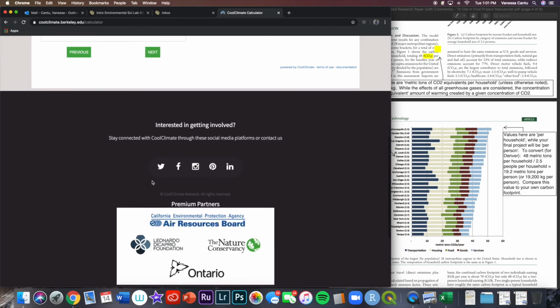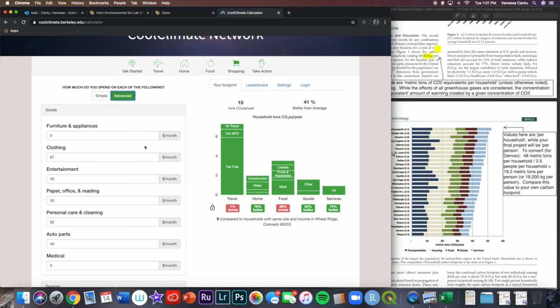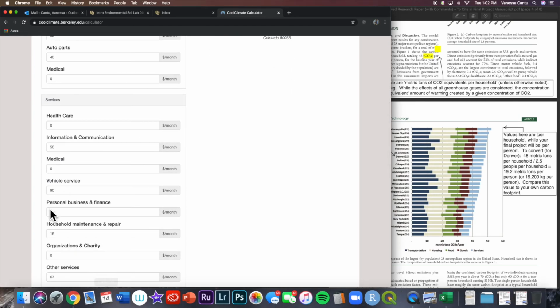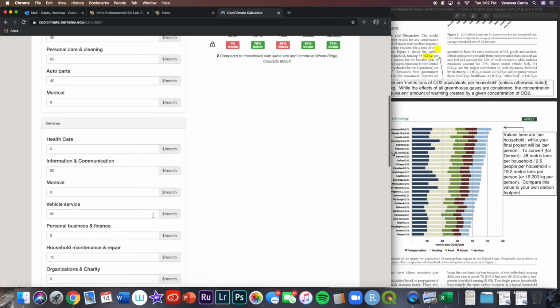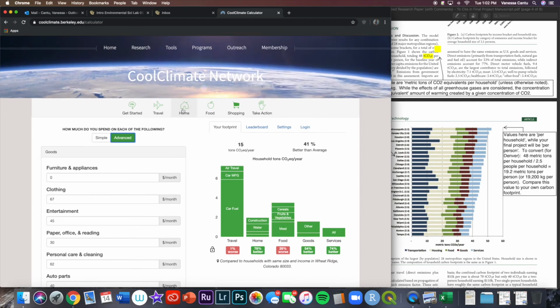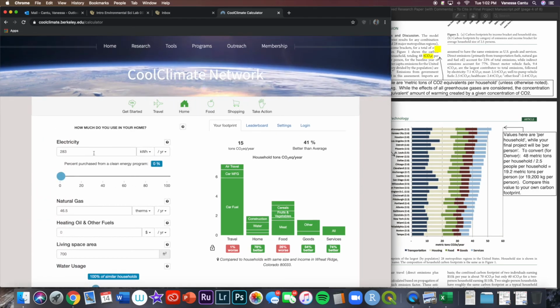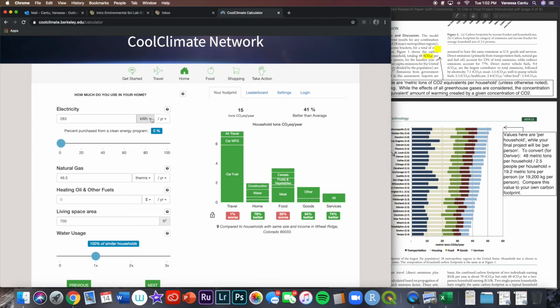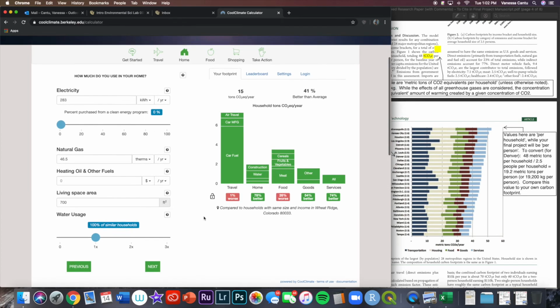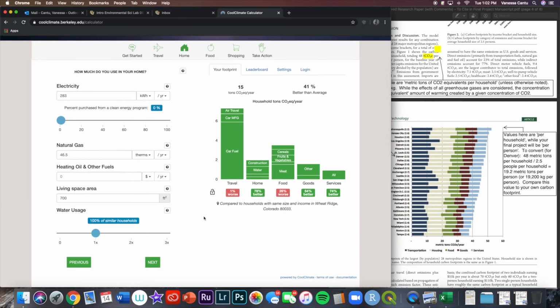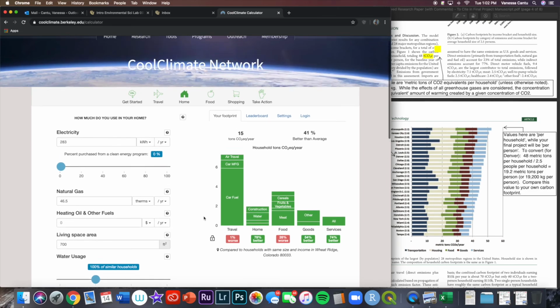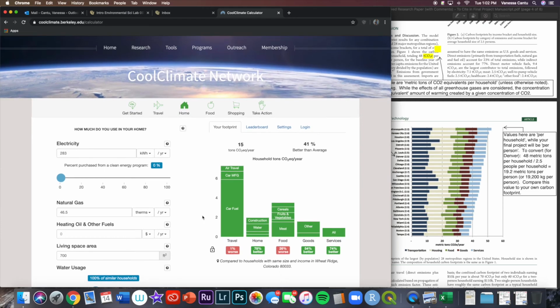Again, for shopping, you can put all this as 0 unless you really know how much you paid for electricity and gas. Make sure that you select the correct units for all of that. And I believe that's it for the Cool Climate Calculator.